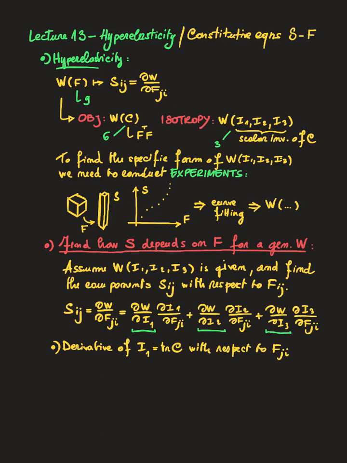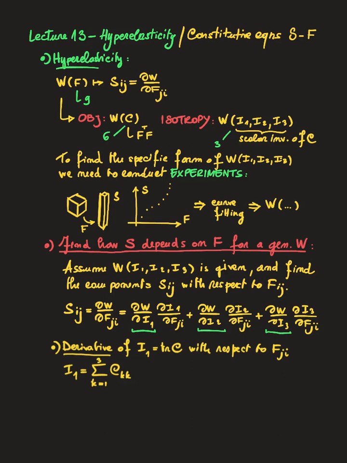You will see it is not complicated. We just have to remember what the trace of C is. First of all, I1 is the trace of C, but it can be written as the sum for K from 1 to 3 of C_KK.